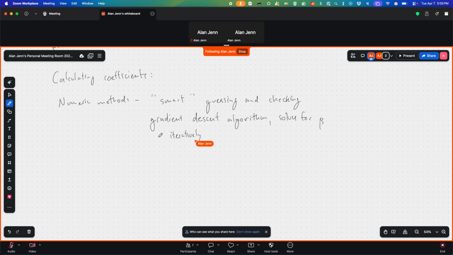This is a procedure where, okay, I take a guess at what beta is, and then I have some kind of procedure where I'm checking how far off I am from a good answer, and then improving on my guess of beta as I iterate through this algorithm. We also have analytical methods. So these are essentially solved optimizations.